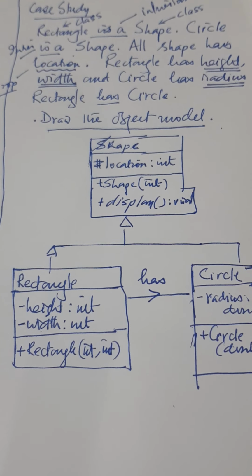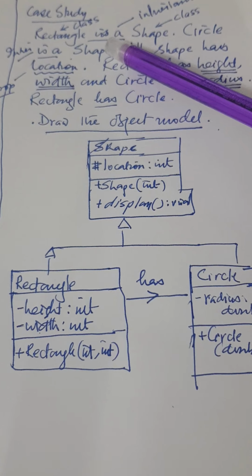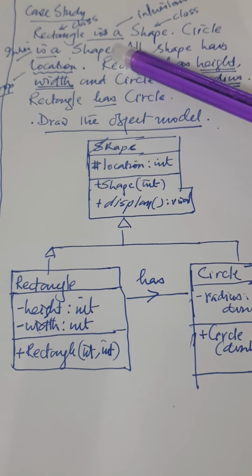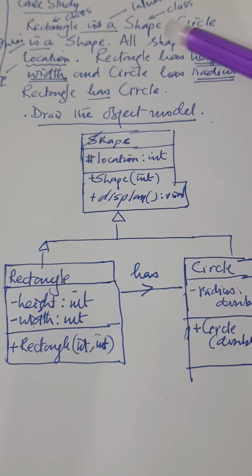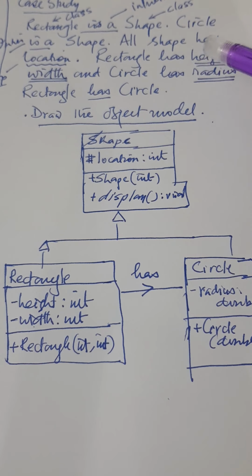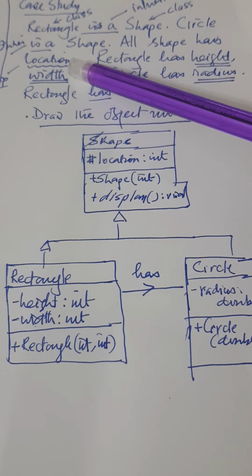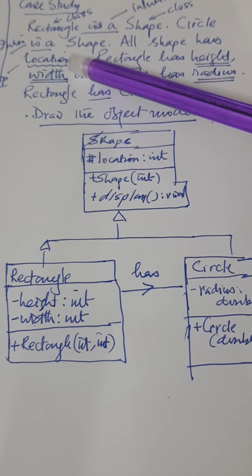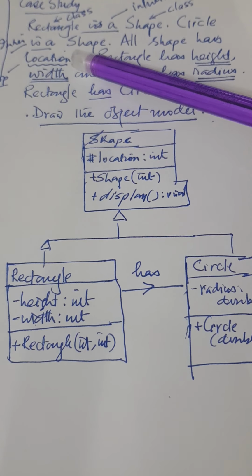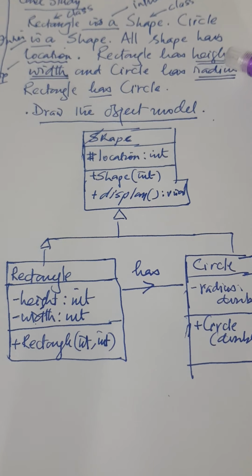In this case study, the problem is that rectangle is a shape, circle is a shape. That means both rectangle and circle are shapes. All shapes have location. That means this location is a property which is shared across all children, so this property must be protected so that every child gets it. Rectangle has height and width.